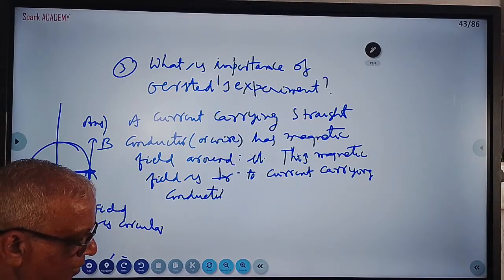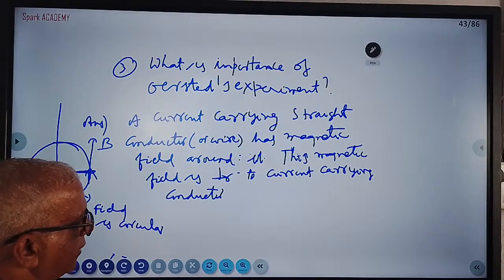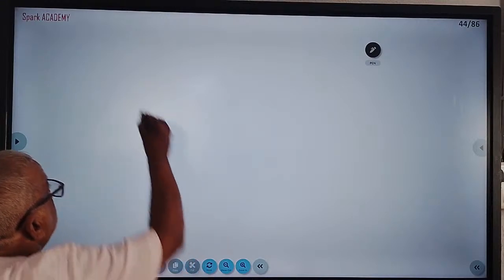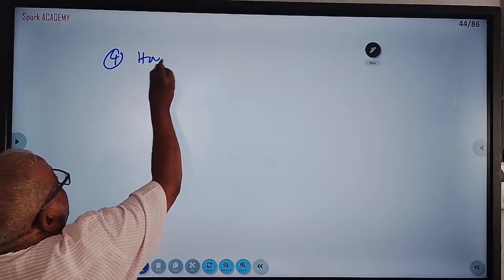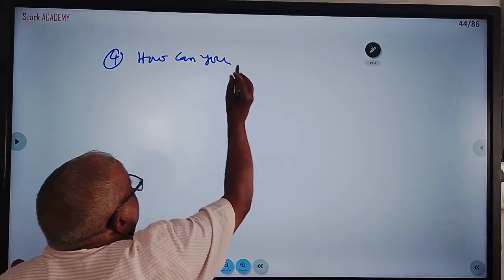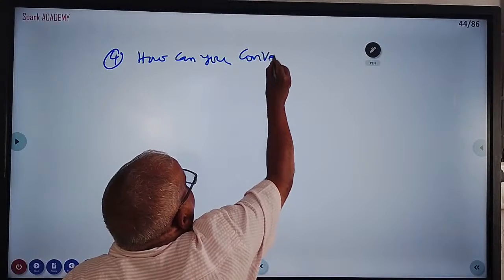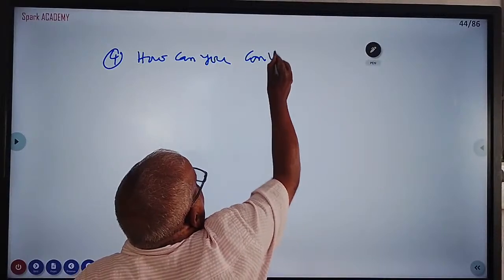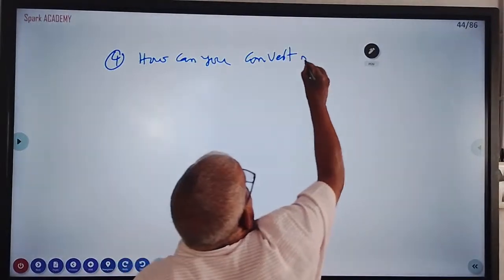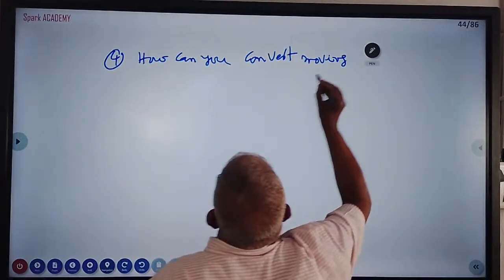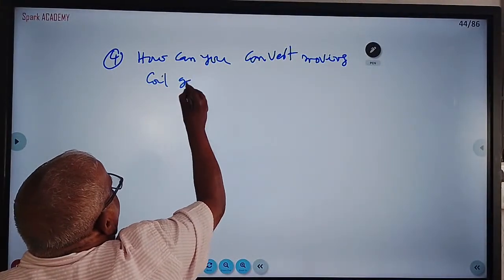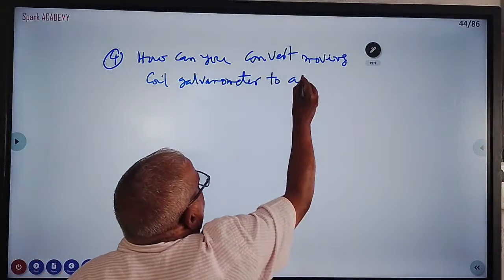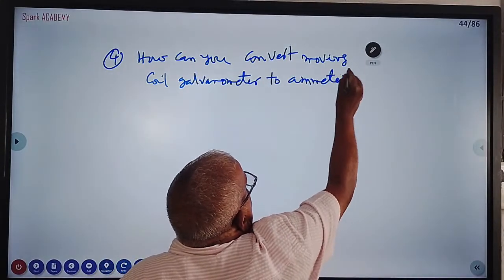How can you convert a moving coil galvanometer to an ammeter?